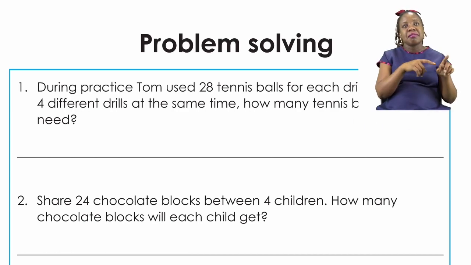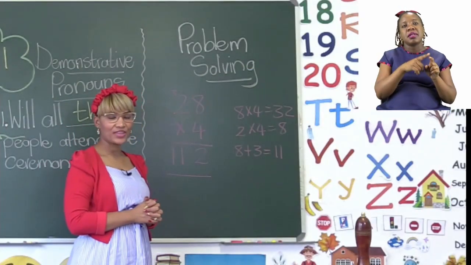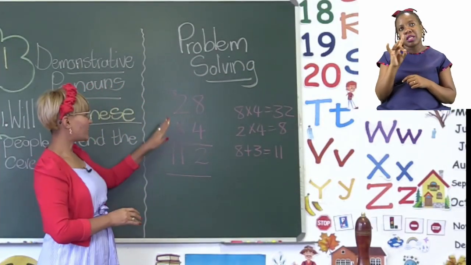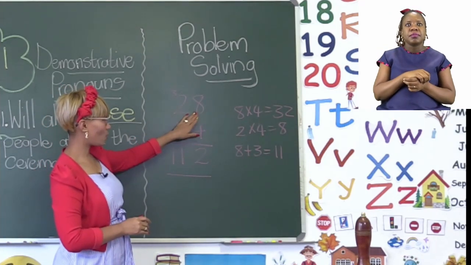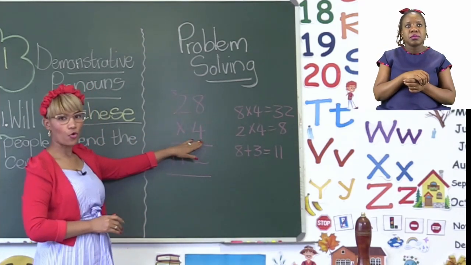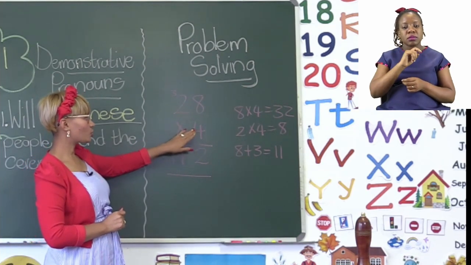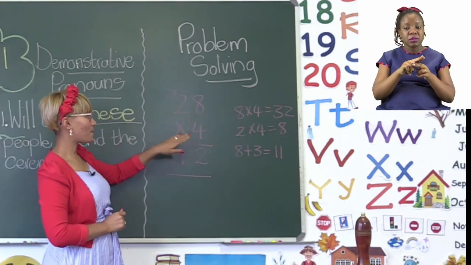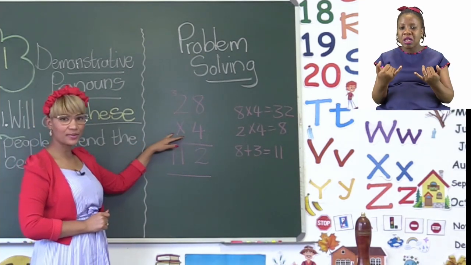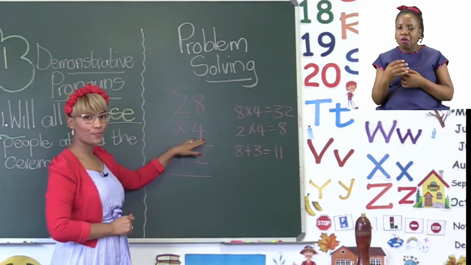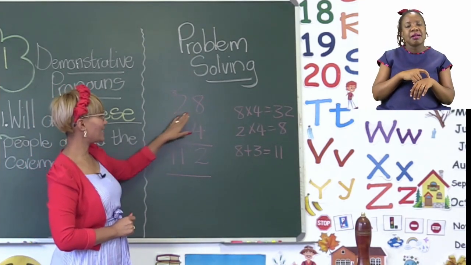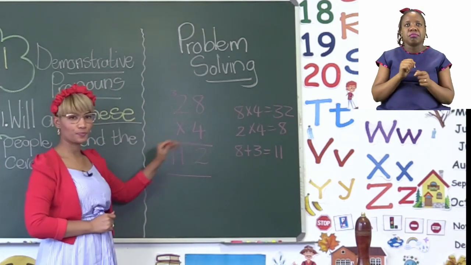On the board I wrote the sum, so let's see. Remember, 28 tennis balls for 4 drills. All right, now it means 4 drills, so 28 must now be multiplied by 4. So we say 28 times 4.